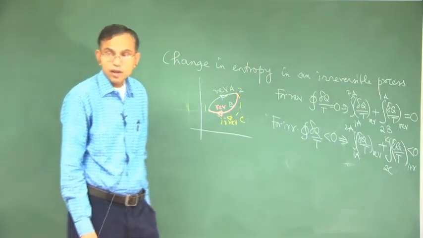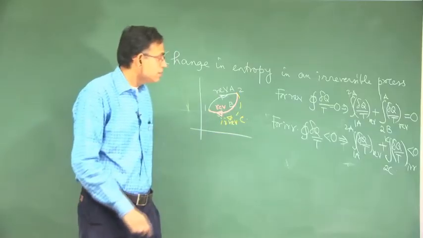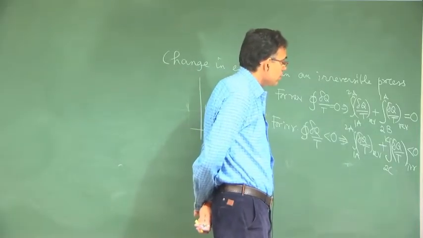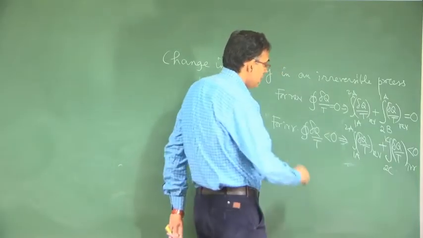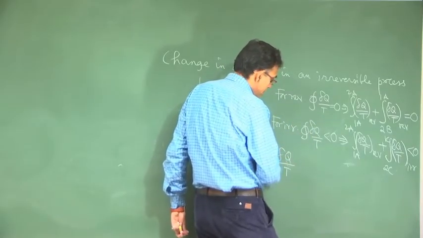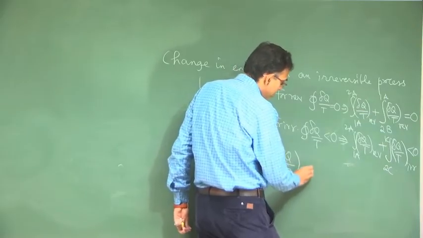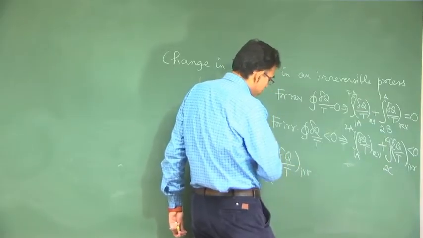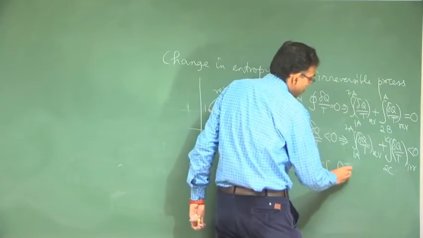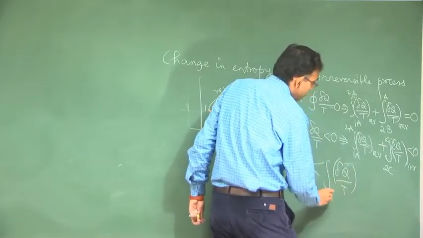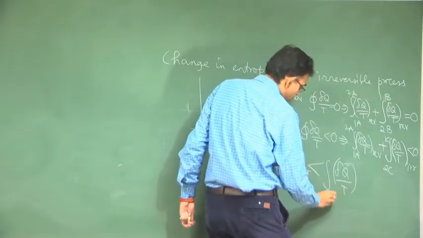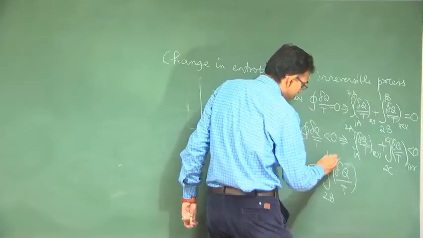Now, if you combine these two, you can write that the integral of del q by T along the irreversible path 2C to 1C must be less than the integral of del q by T from 2B to 1B. This is B, I have mistakenly written it as A.